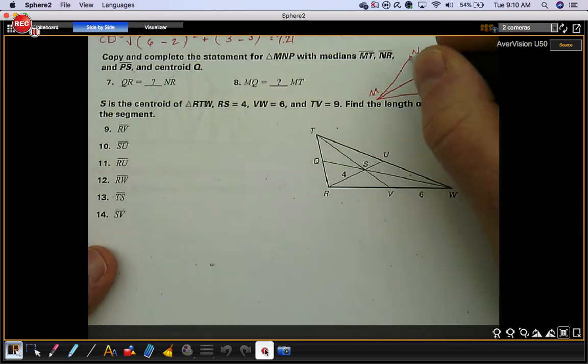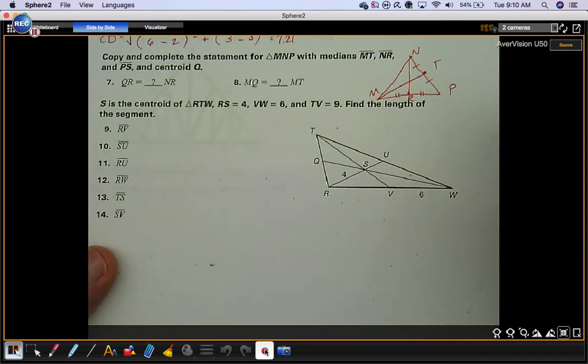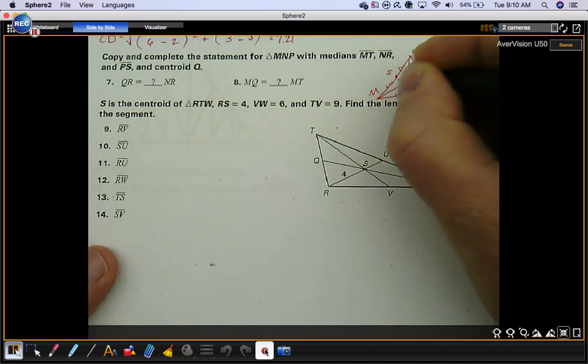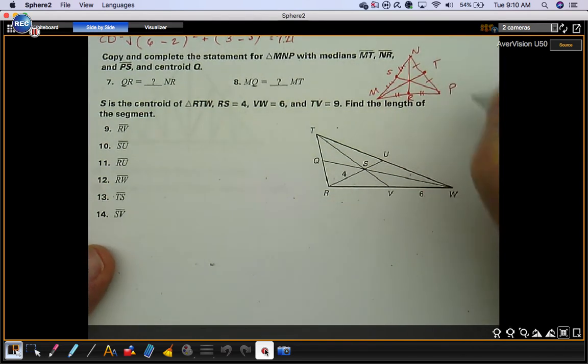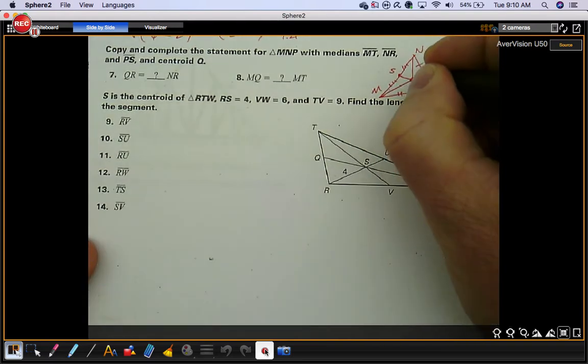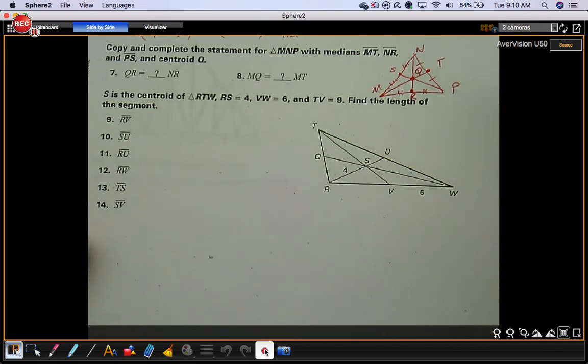If segment NR is a median, then R lives there. And segment PS is a median. S is going to live on that side. The centroid is Q, so that's that guy. There's your picture. That should help you.